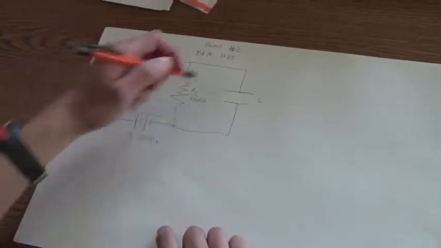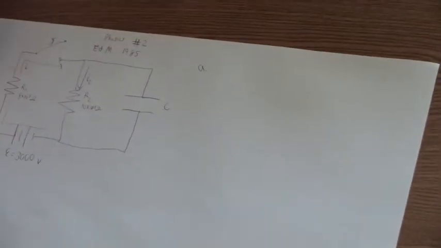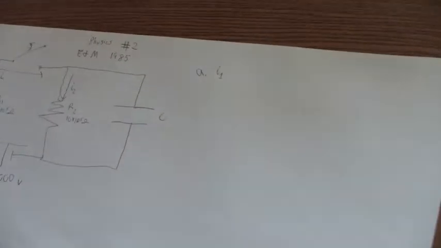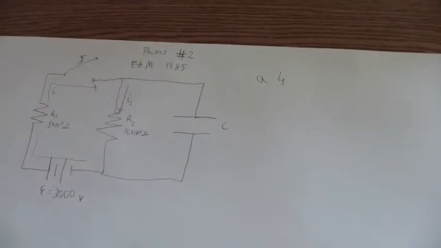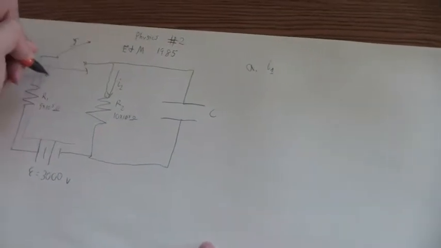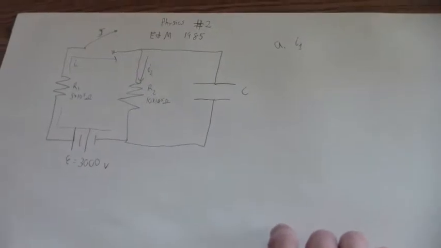So, part A of this problem, yeah, cool. Part A is asking for I1 immediately after the switch S is closed. So, you're looking for I1, which is right here, and it goes through the circuit after the switch is closed.